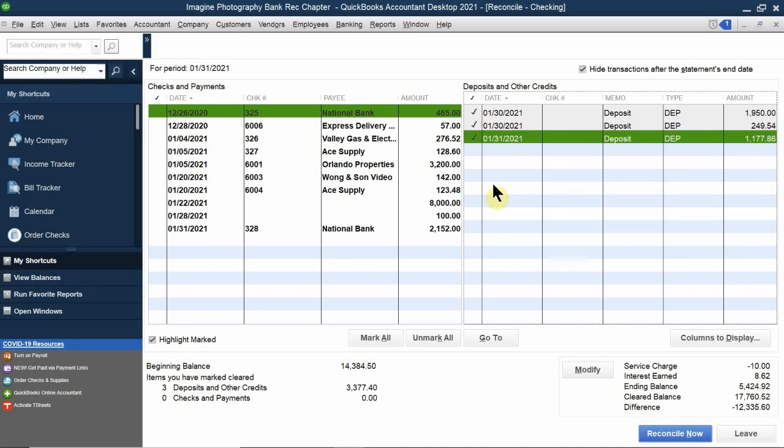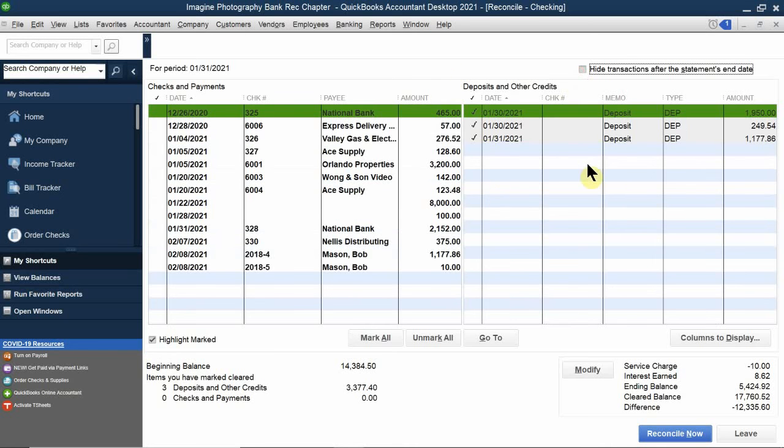Do I need to see my February transactions? If for some reason we need to go back, it's only temporary. If you want to unhide it and see everything, you just unclick it.